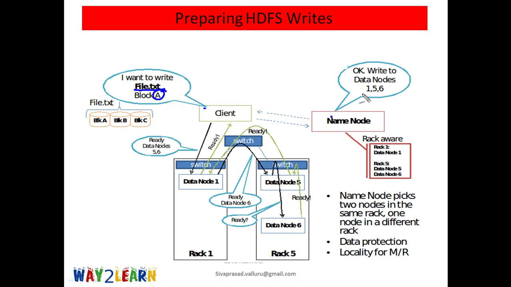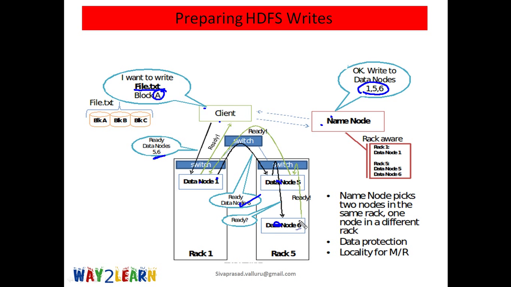Let's say the NameNode says write the data to nodes 1, 5 and 6. Once the client gets the response, it will ask data node 1 to get 5 and 6 ready. Data node 1 will ask data node 5 to get data node 6 ready, and data node 6 will become ready.